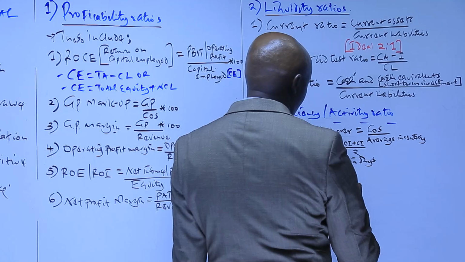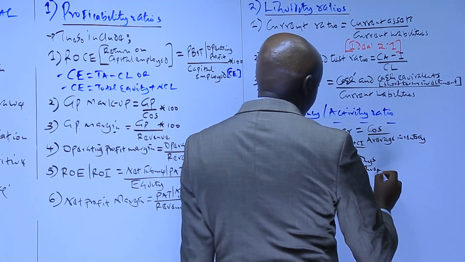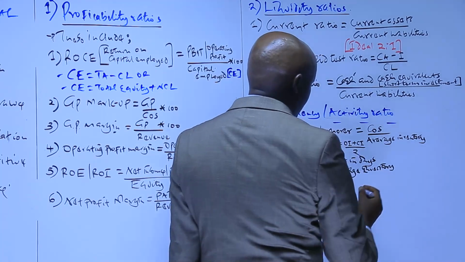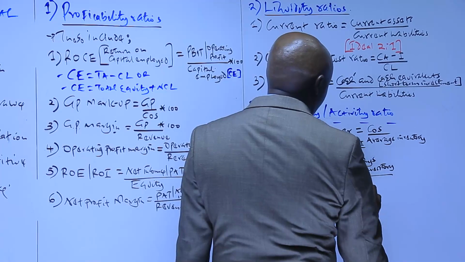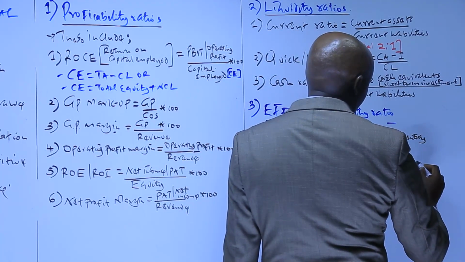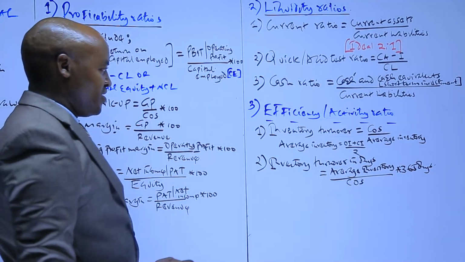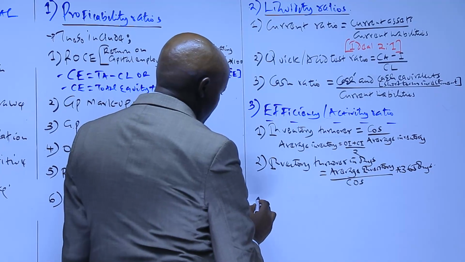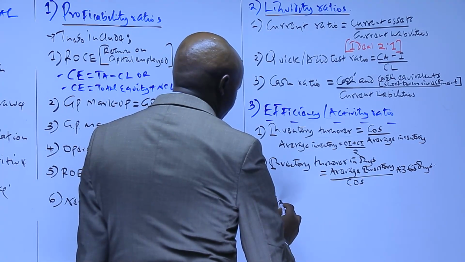To compute this, we take the average inventory, then we divide that by the cost of sales times the number of days in a year. Usually you'll be told to use 365 days.